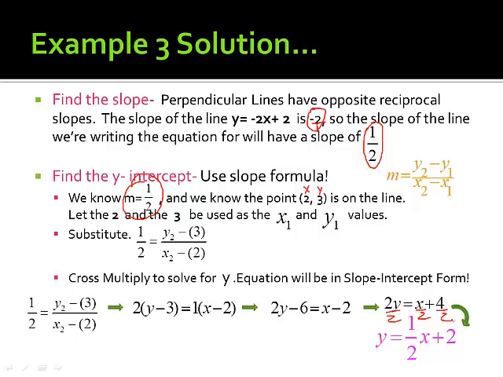A lot of the mistakes that I see is that people do not divide each one of these by the number that is in front of the y to get rid of it. So once you do that, your slope is 1/2, your y-intercept is 2, and we found the equation of a line that is perpendicular, that creates a right angle with the line y equals -2x plus 2.